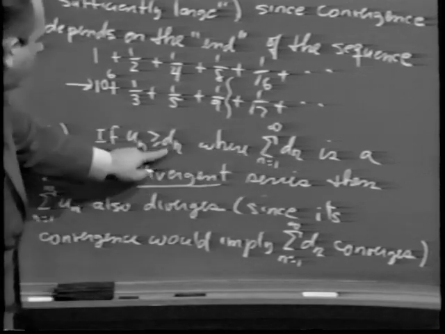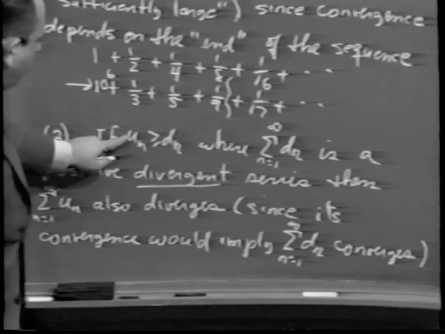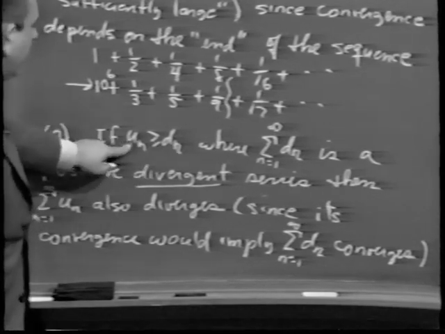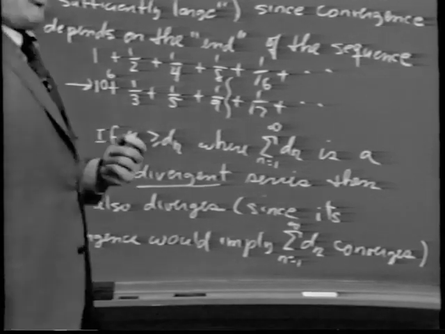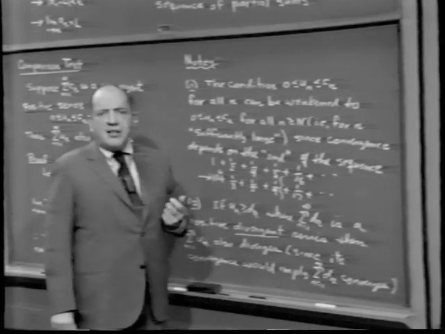In other words, notice that by the comparison test, if summation u sub n converged, the d sub n's being less than the u sub n's would mean that summation d sub n would have to converge also.